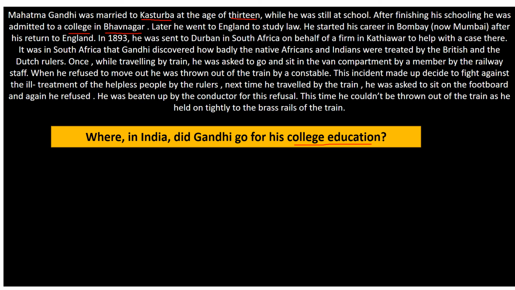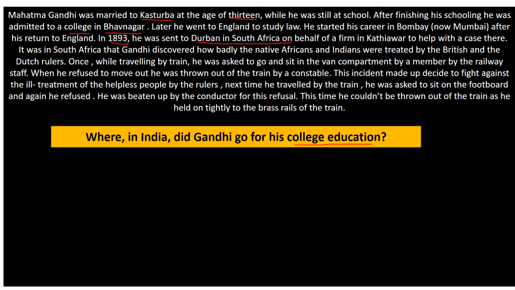I feel that this is important, and college I have already got, and it is in my question as well. Later he went to England to study law. He started his career in Bombay, that is now Mumbai. After his return to England in 1893, he was sent to Durban in South Africa on behalf of a firm in Kathiawar to help with a case there.